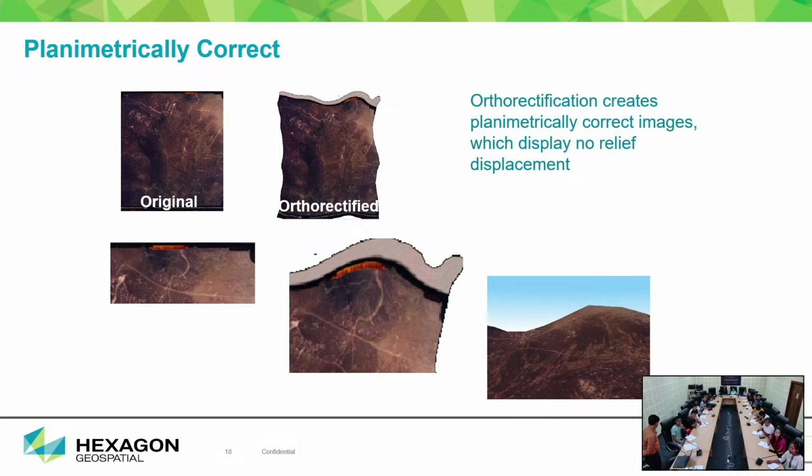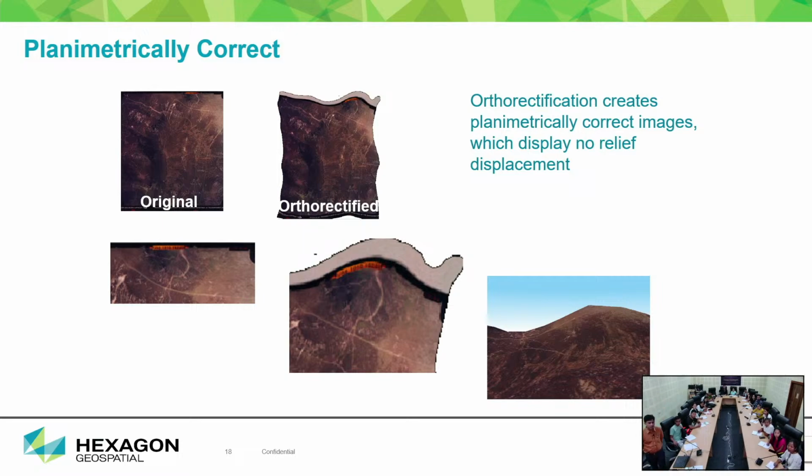Now you can see there is an original image which is not planimetrically corrected, and on the right side there is a planimetrically corrected image. Image is just an image. You can see that the road is not in proper shape in the left side image, and after ortho-rectifying the image, you can see that the edge of the road is in proper format.